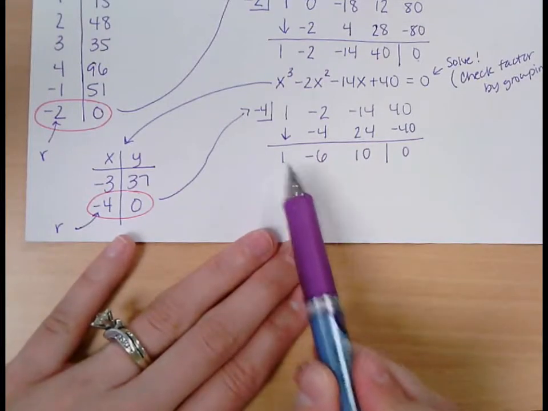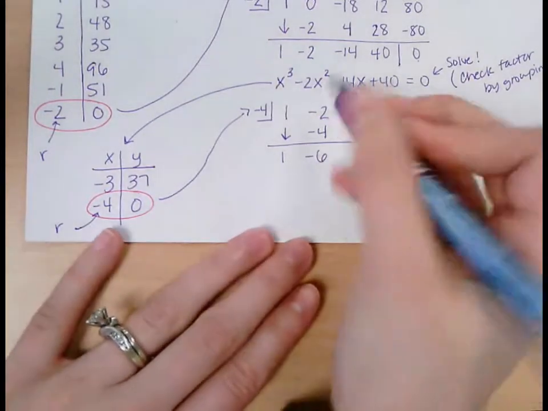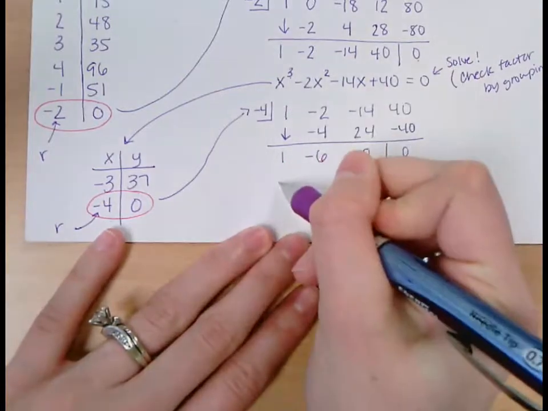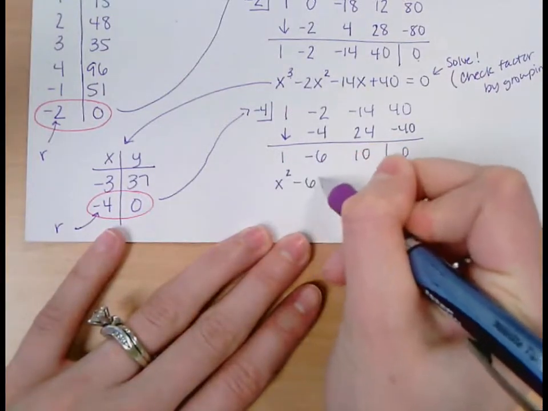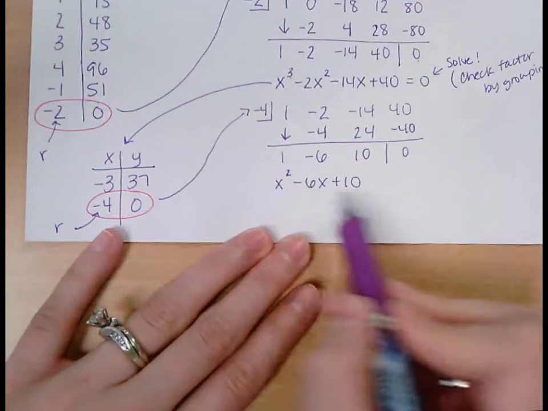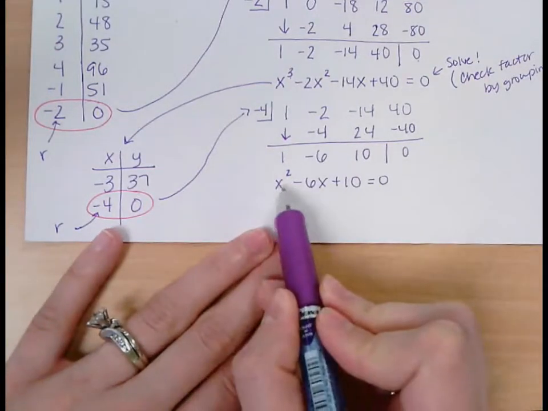But now, what's nice about this quotient is it's 1 power less than x cubed, so now it's x squared minus 6x plus 10, and I can set that equal to 0, so now I'm trying to solve this.